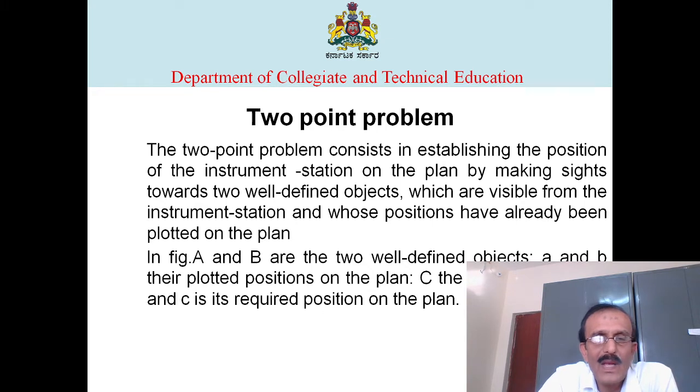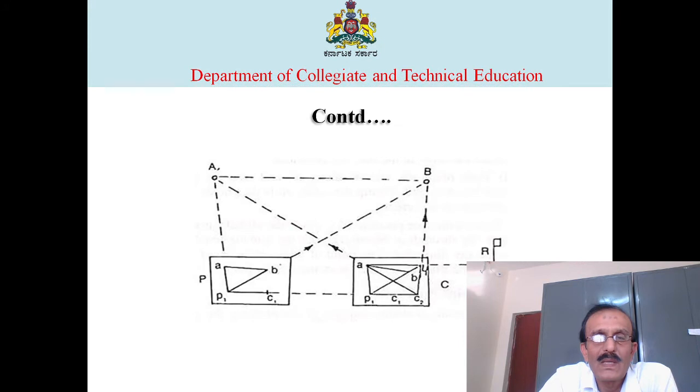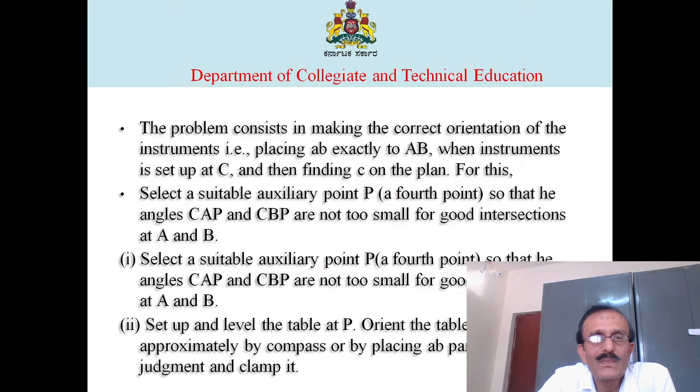In the figure, A and B are the two well-defined ground stations, small a and small b are their plotted positions on the plan, and capital C is the instrument station and small c is its required position on the plan. The pictorial presentation of this 2-point problem shows how the process is to be carried out.